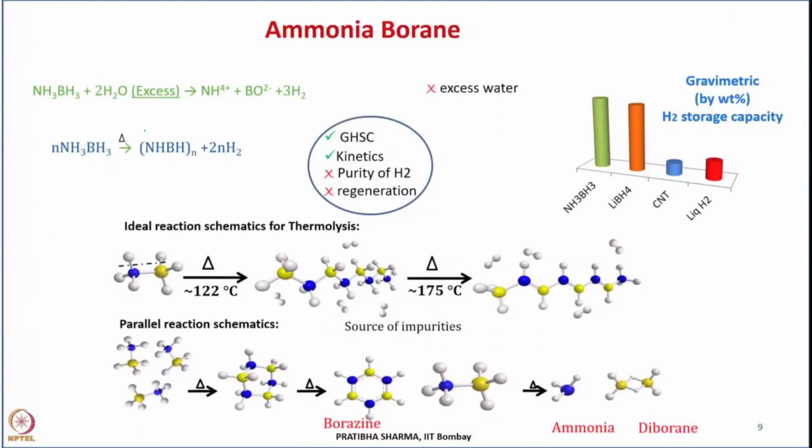You can study ammonia borane. Here is the hydrolysis process. We will add ammonia borane, and we will add water, and the hydrogen will be formed. This is the hydrolysis process.